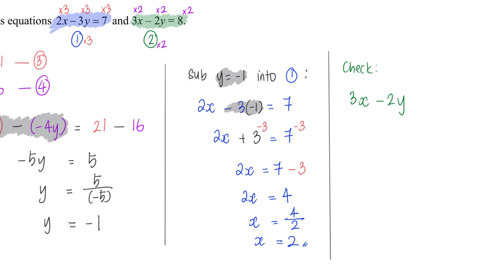And my x is 2. Y is negative 1. So I'm going to write x as 3 times 2, x as 2, my y as negative 1. And does this give me back 8? It does. And therefore, my answers are correct.